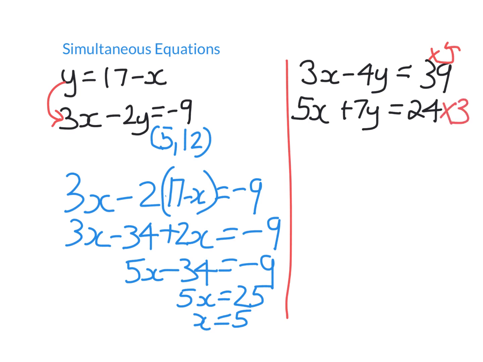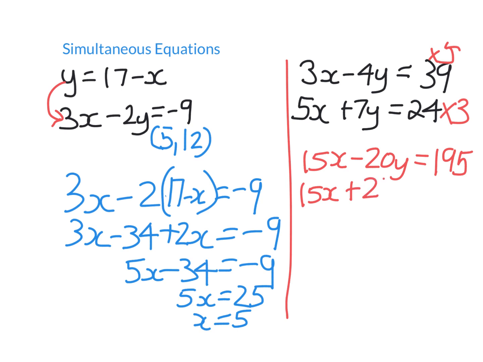If I multiply this top equation by 5, I multiply everything by 5. So I multiply 3x by 5, I multiply negative 4y by 5, and I multiply 39 by 5. I'm going to multiply the bottom equation by 3: 5x by 3, 7y by 3, and 24 by 3.